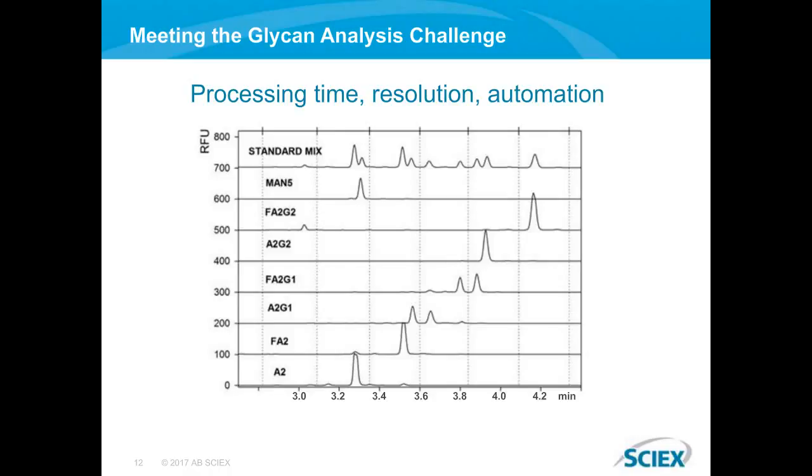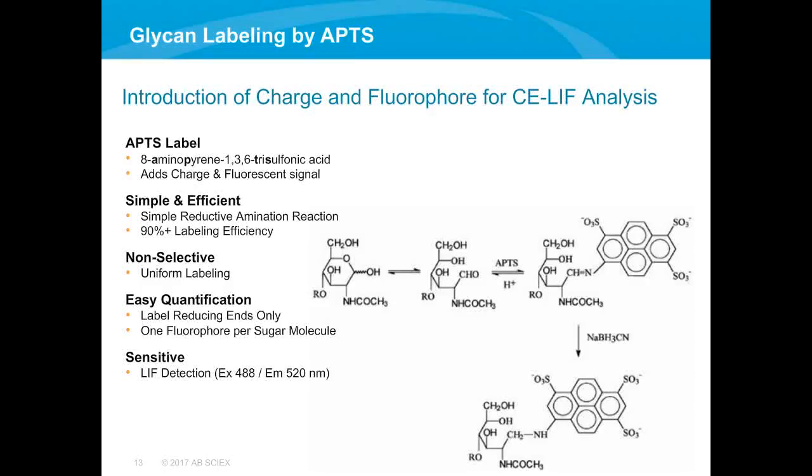And this is what we would like to show, how the new fast glycan labeling and analysis kit can fulfill this mission. Starting with the release of the glycans with the enzyme, mostly using PNGase F, the next step is the labeling of the molecule. As I mentioned earlier, unfortunately, these sugars don't have any fluorophores or any other UV absorbing groups.